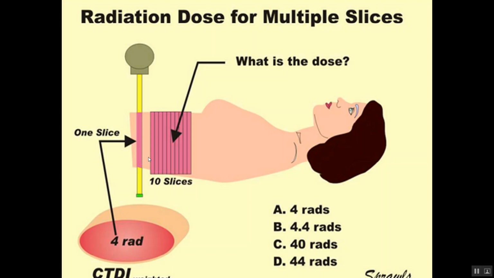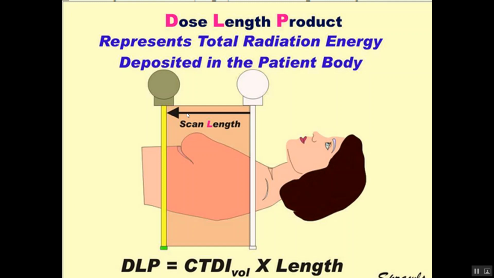We start before the liver and end after the pubic bone, in cases like CT abdomen pelvis. So you have to calculate the scan length. So we have another term, which is scan length. When we multiply scan length times CTDI volume, we calculate the dose length product.